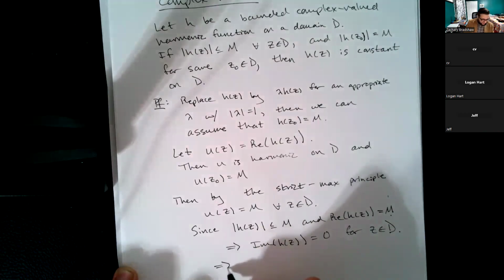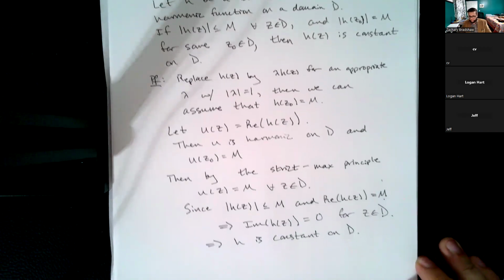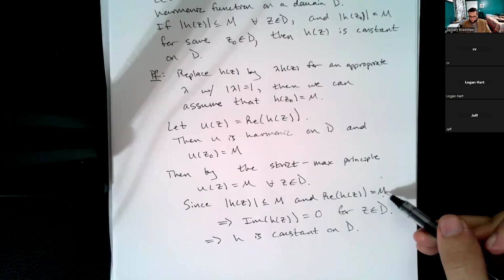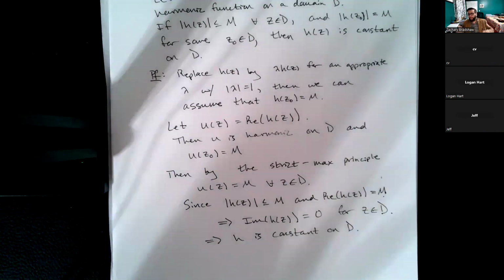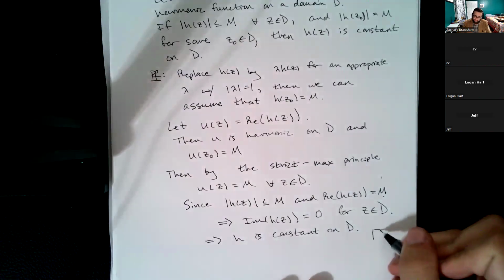And so this tells us that h is constant, right? Because the real part is equal to this constant, the imaginary part is 0, and so the whole thing is constant. So that completes the proof.